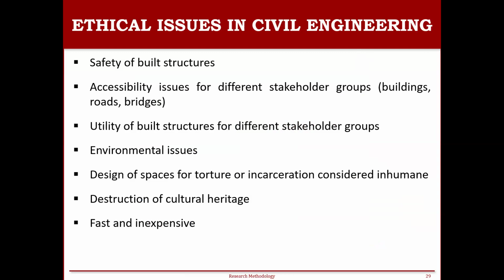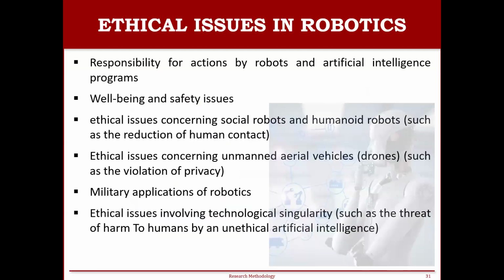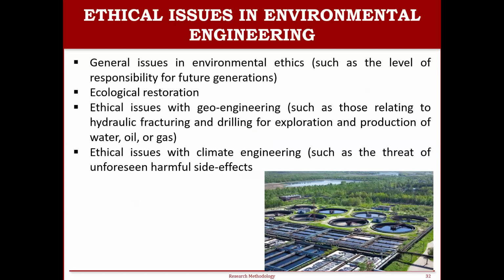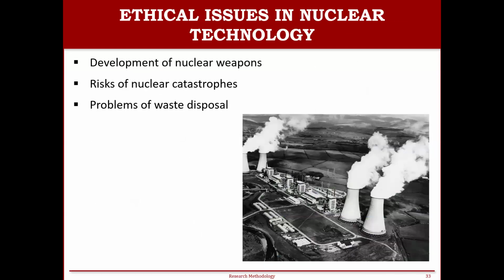When you develop buildings, roads, bridges and so on, and use some materials, you should check the quality and the safety; you should ensure everything here. And the robotic side and the environmental engineering side, you can read this slide to get this idea.